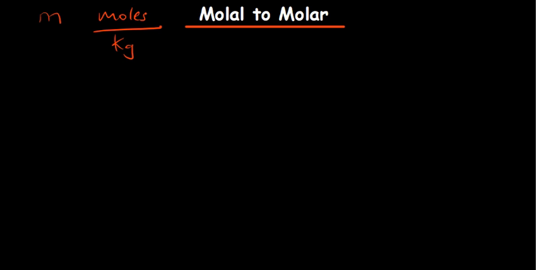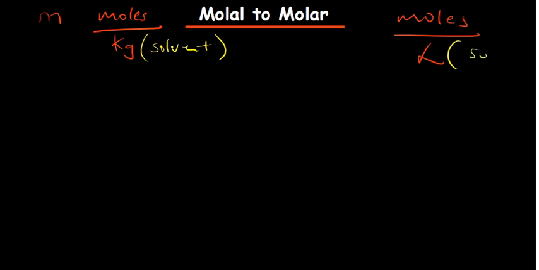On the other hand, molar concentration is moles per liter of the solution. So there's a difference here: here it's kilogram of the solvent, and there it is liter of the solution. On top we're referring to the number of moles. For molar concentration, it's capital letter M, which is the commonly used one.